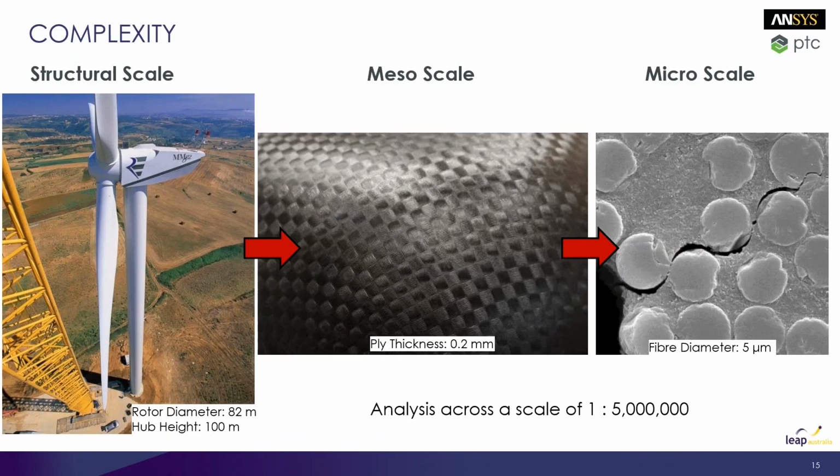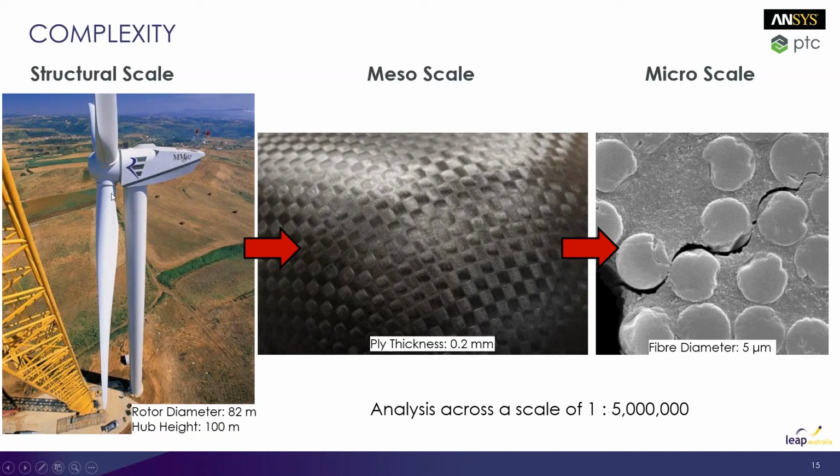It's not all good news. There are some complexities that are inherent in composite materials, and it's things that we really need to look out for when we're analyzing them in the finite element analysis. So one of the biggest things is the scales across composite materials that we need to deal with. Some of the structures that we're talking about, I mean, they're huge.